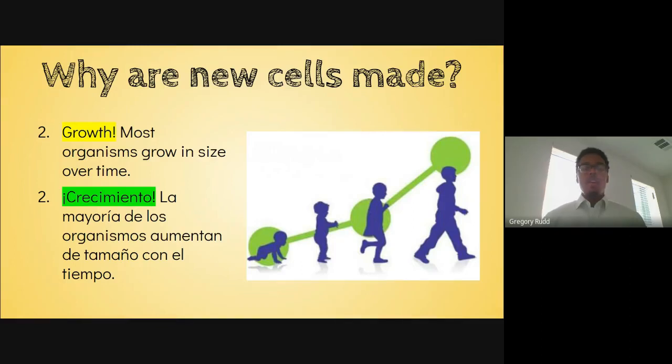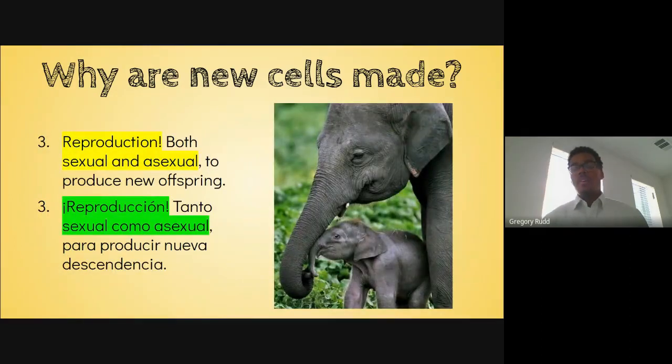Good question. And then our third reason why cells are made is for reproduction.